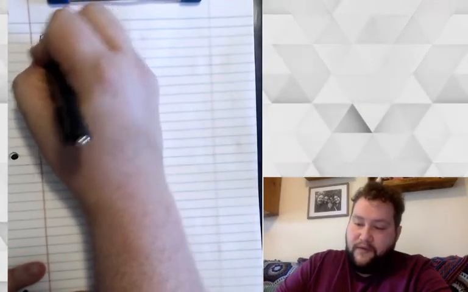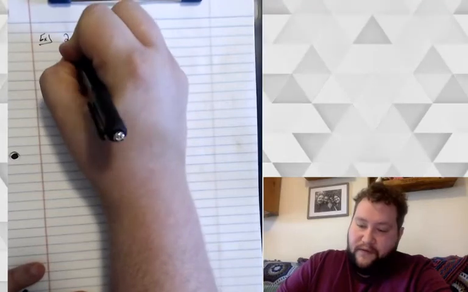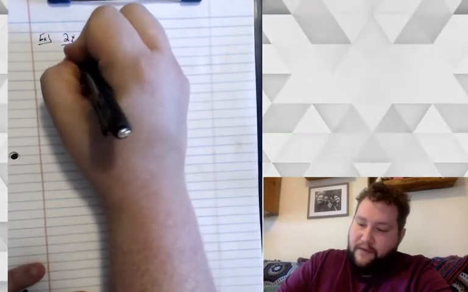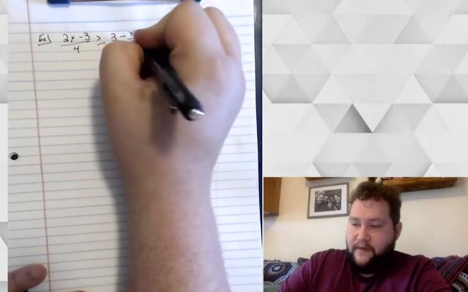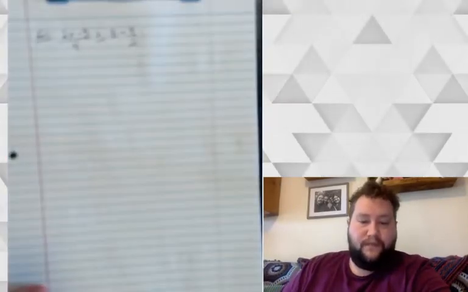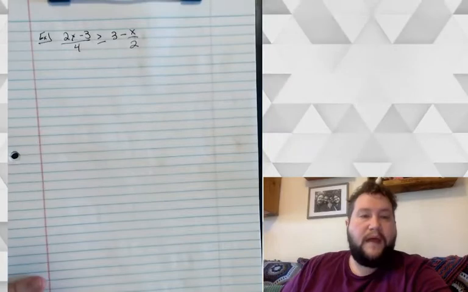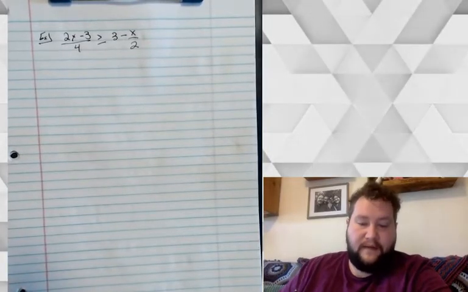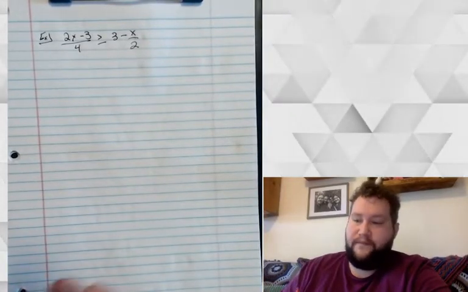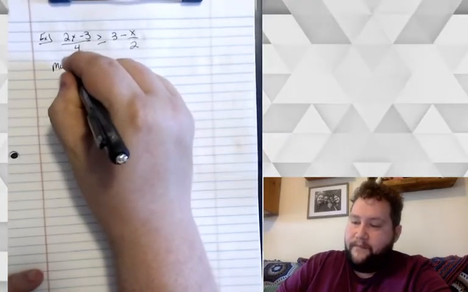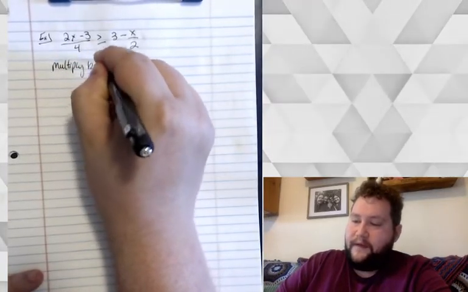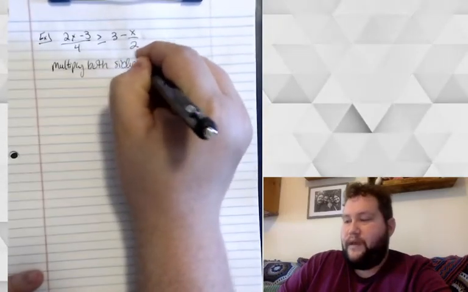Last example of this form, so let's introduce a fraction. (2x minus 3) over 4 is greater than or equal to (3 minus x) over 2. So remember, we can multiply or divide both sides by a positive number. So let's multiply both sides by 4.